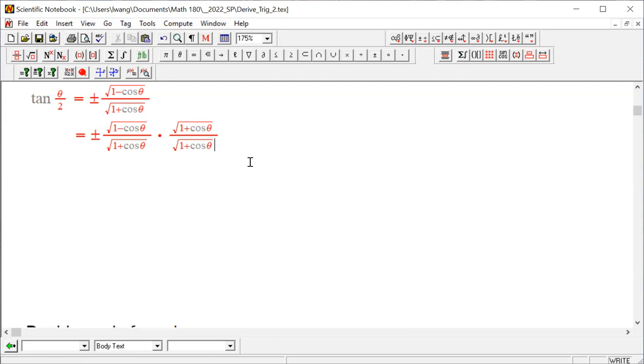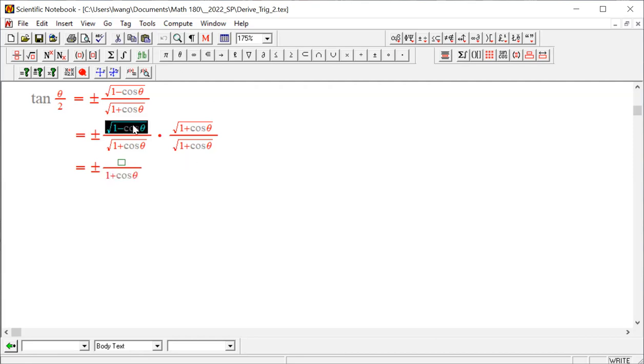This piece, that's 1. And that equals, we still have the plus minus. The denominator times the denominator would just be equal to 1 plus cosine theta.